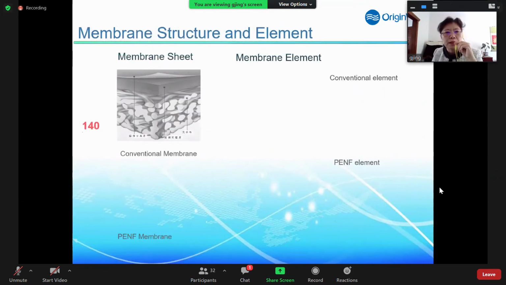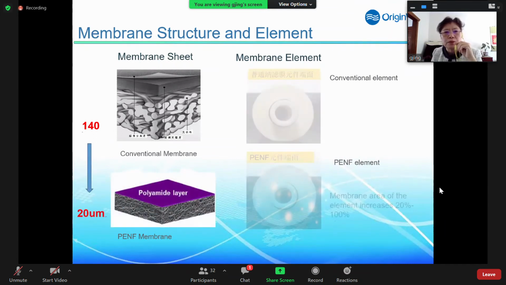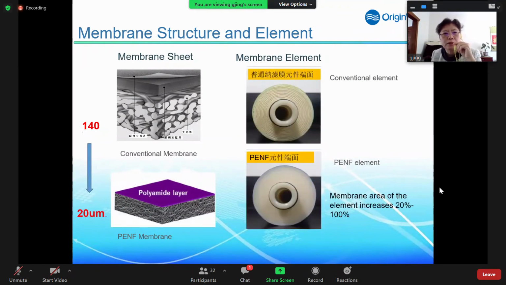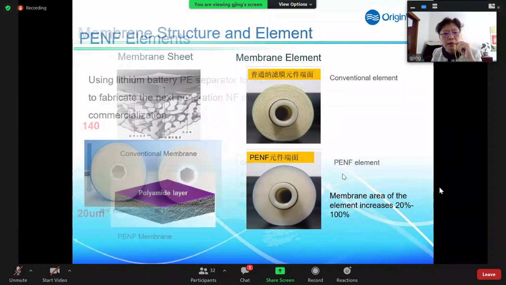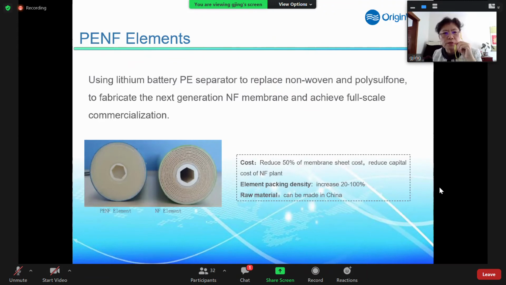Now we can produce the membrane at large scale. Compared with the conventional nanofiltration membrane, in the PENF element the membrane area increased 20% to 100%. Also, a special pattern on the surface can minimize membrane fouling.